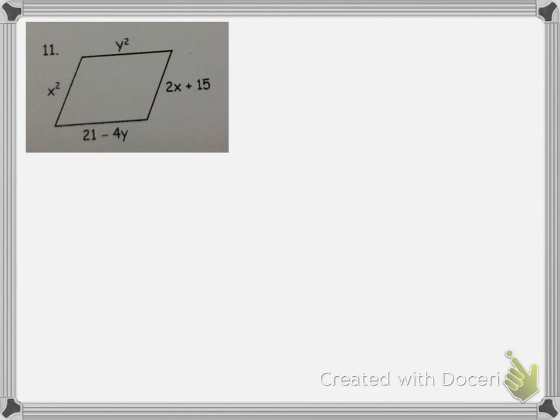This is a factoring one. Okay. All right, so we know that this side is congruent to that side, and that side is congruent to that side. Okay. So we set it up. We start off with y squared is equal to 21 minus 4y. Remember, when we have quadratics, we want to set it equal to 0.